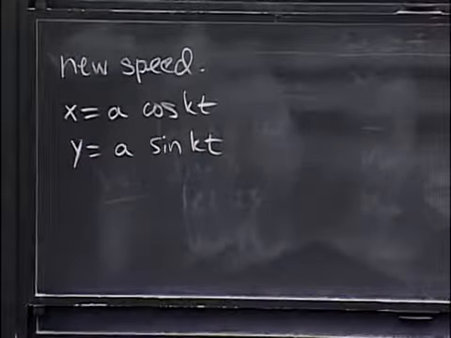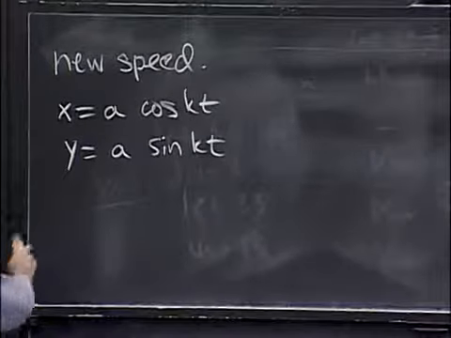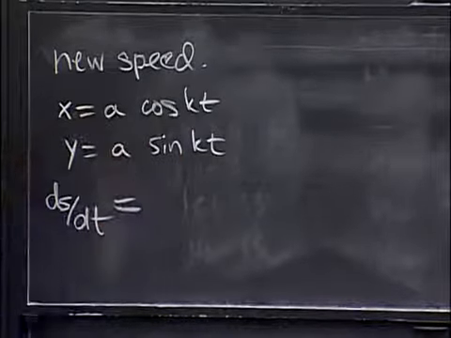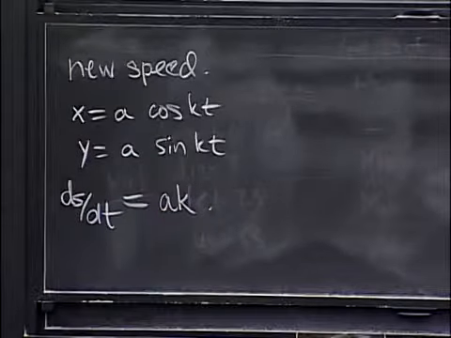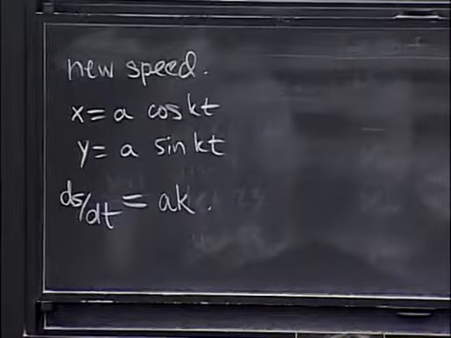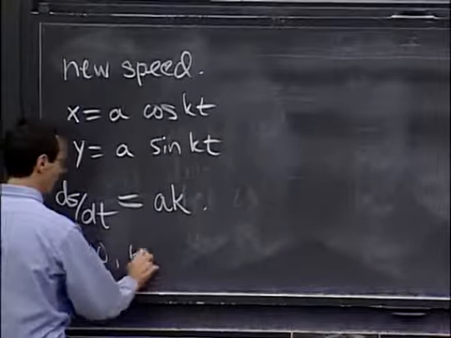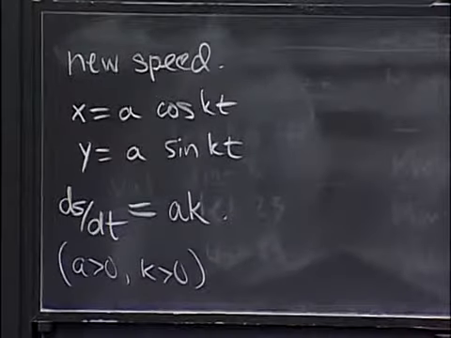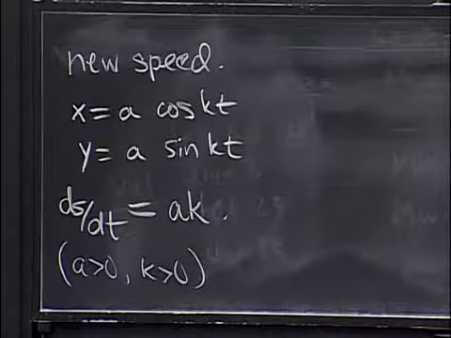Now I'm tracing around the same circle, but the speed is going to turn out to be, if you figure it out, there will be an extra factor of k, so it'll be a times k. That's what will work out to be the speed, provided k is positive and a is positive. So we're making these conventions that the constants that we're using are positive.